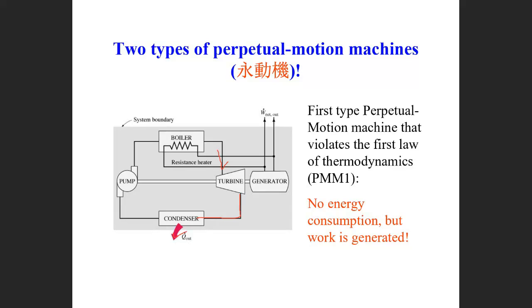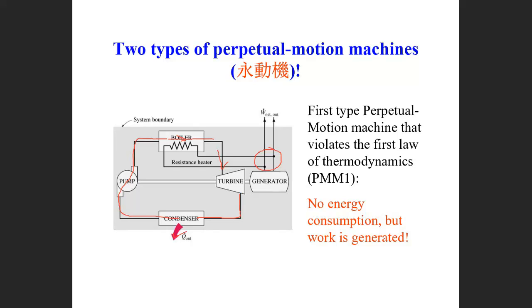However, some of the generated electricity will be used to heat the water again. So they think if we can invent this machine, we don't need power input, because for the heat engine, the produced work will be used to provide heat again.